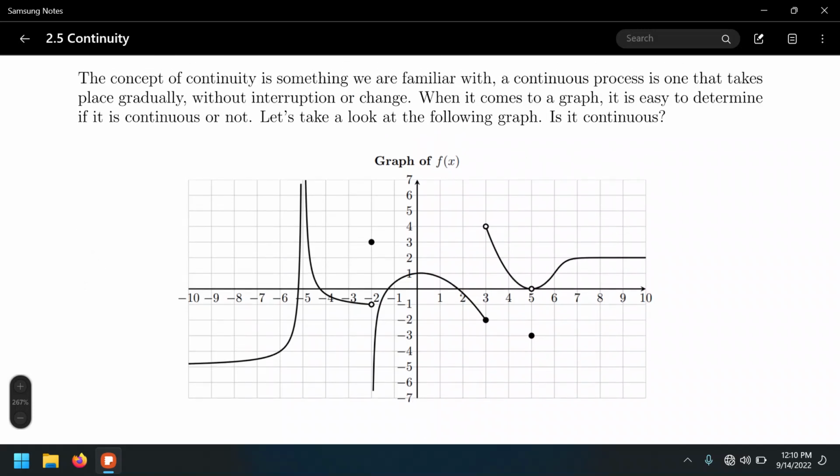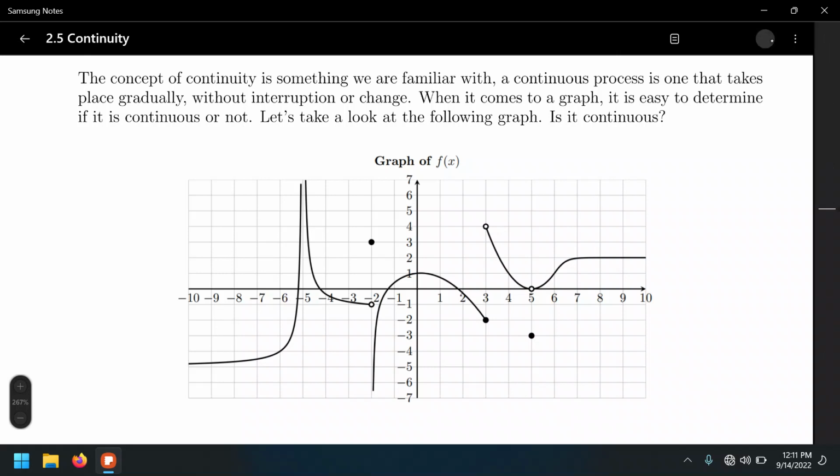A function is continuous if there are no interruptions at all. In other words, a function is continuous if you can draw its graph without having to lift your pencil, like the one I'm doing in green. I didn't lift my pencil at all, right?